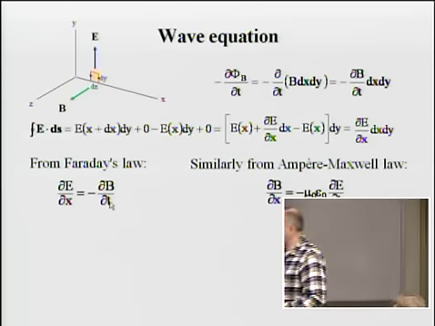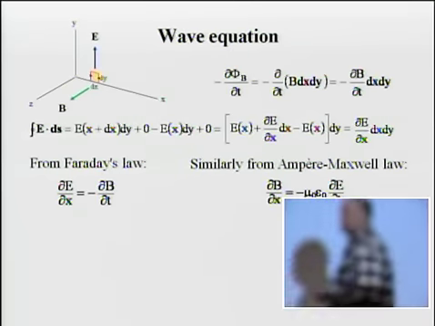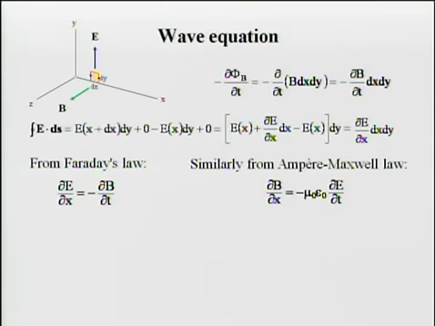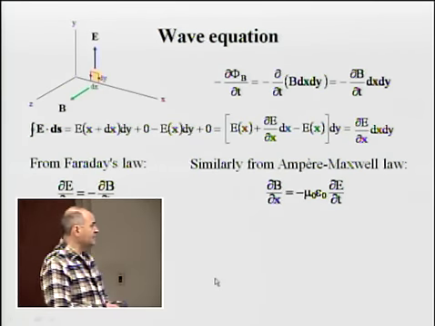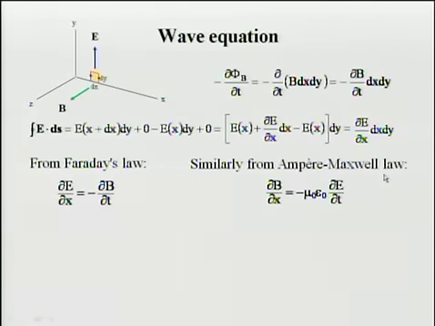Well, I'm not going to go through the other analysis, but if I repeated a similar analysis using the fourth of the Maxwell's equations, the Ampere-Maxwell law, I would also be able to relate magnetic field to electric field, but this time derivative of magnetic field with respect to position is proportional to the derivative of electric field with respect to time.